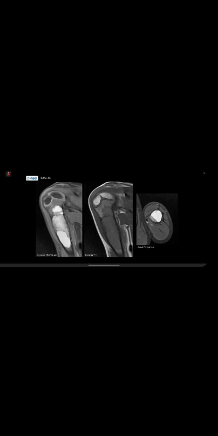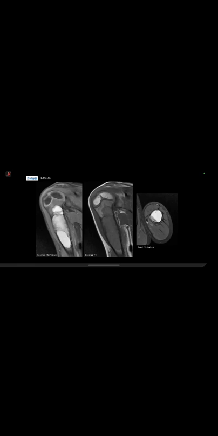Yeah. So the PD fat-sat image shows the lesion to be showing me the blood fluid levels and is hyperintense on T1, and again there's layering in the PD fat-sat images.